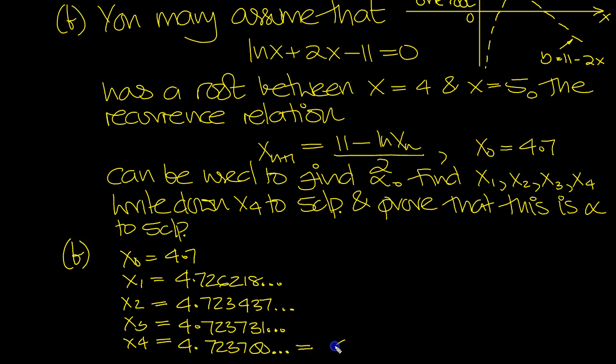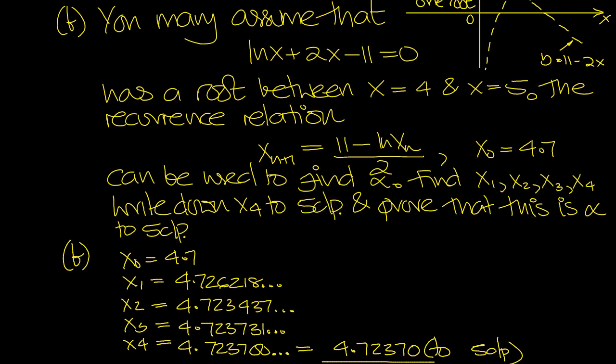And x4 is equal to 4.72370, isn't it, to 5 dp. Okay, good. We've done that.